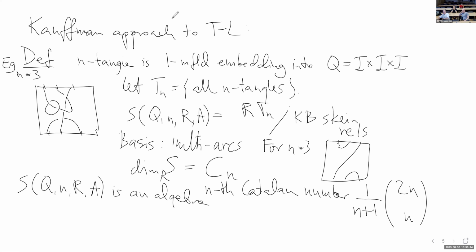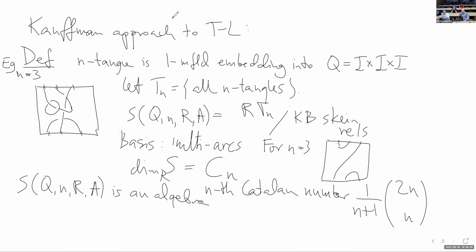Yes, now we have the identity. So how many do we have here for n equal 3? Well, there should be 6 of them if you count carefully. But I claim it's now becoming even more interesting. This is an algebra, a non-commutative associative algebra. What are the generators?